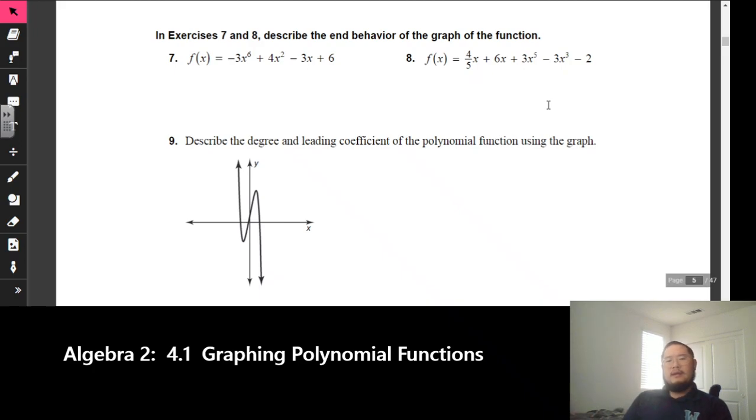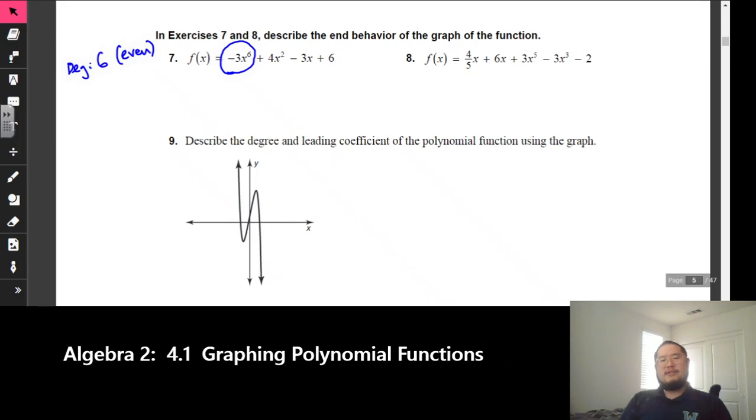All right? Okay. Let's describe the end behavior of the graph of the function. First thing you look for is the leading coefficient and the degree of the polynomial. So right here, I'm looking at this, negative 3x to the 6th. My degree is 6, which means it is even. Remember, if it's even, it's going to be a touchdown.